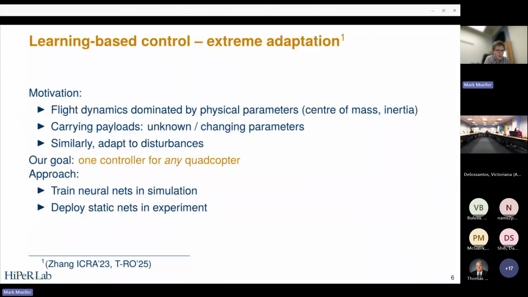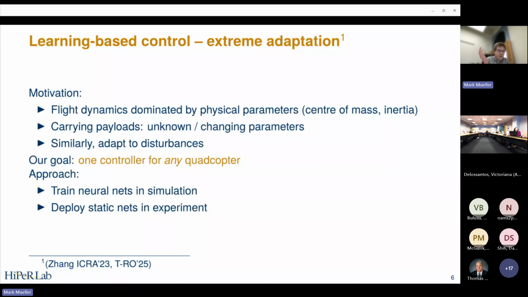So when we think about flight, your flight dynamics are dominated really by the physics of your system. The dynamics are really things like center of mass, mass moment of inertia, things like this. It's also going to be dependent on things like aerodynamic characteristics.